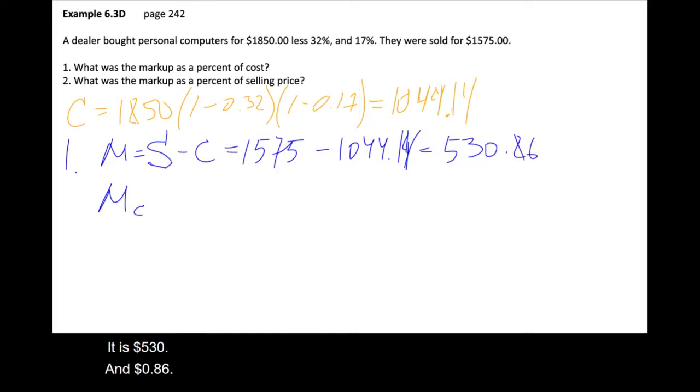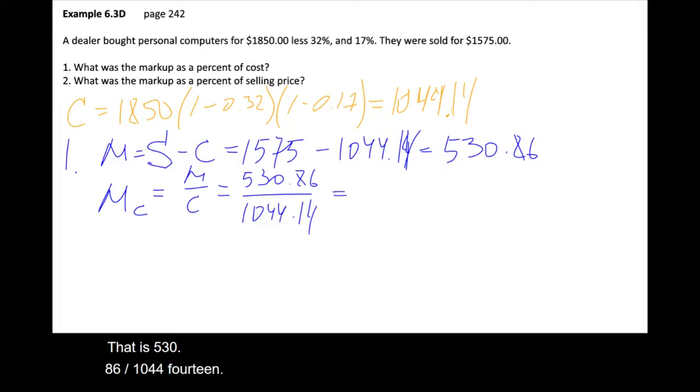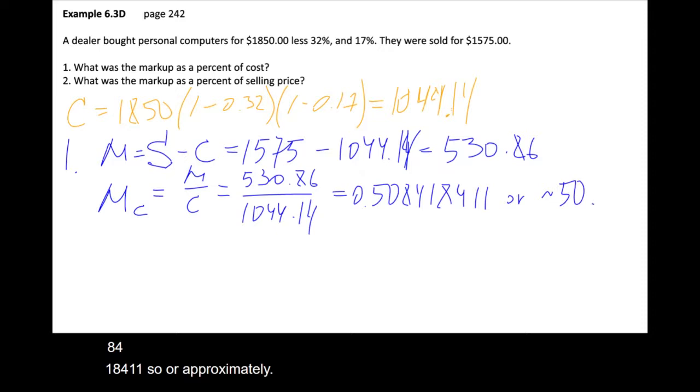And then M over C is 530.86 over 1044.14. That's 0.508418411, or approximately 50.84%.